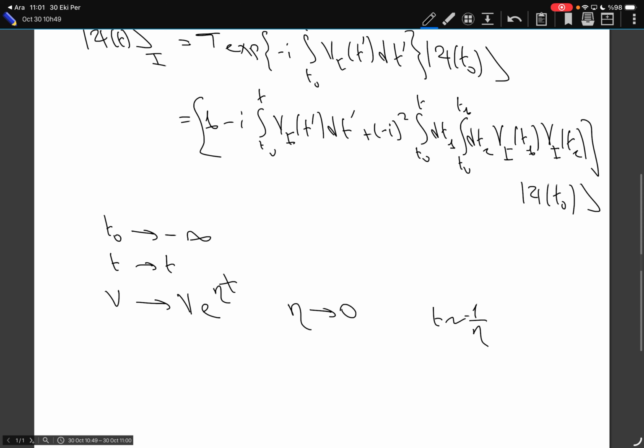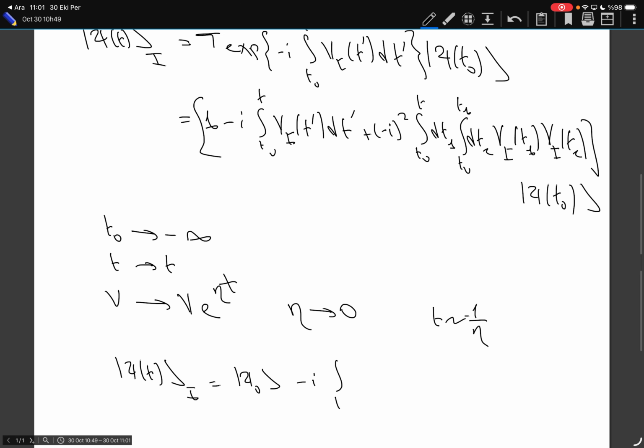So psi of t in the interaction picture will be, let me just write psi 0, my initial state. I can take one particle, two particles, it can be an arbitrary number of particles.